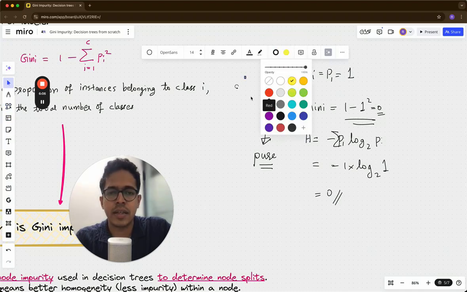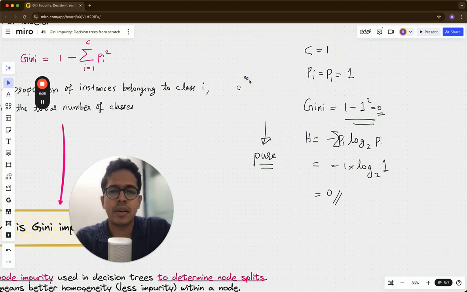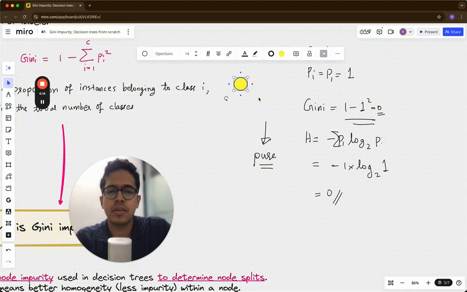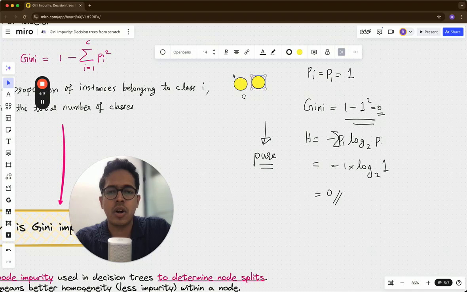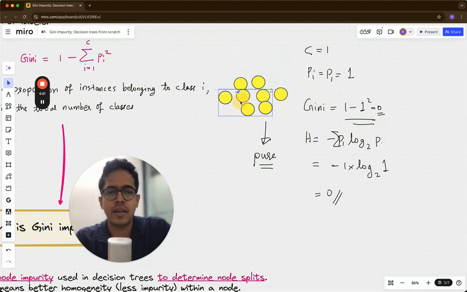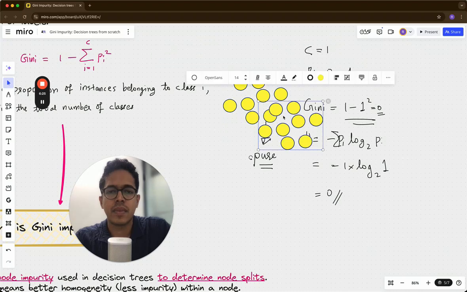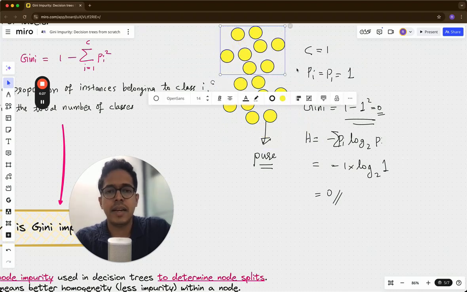So let's say this is yellow, and imagine that you have a lot of data points. I'm going to copy paste so that I can multiply the number very fast. Okay, so imagine you have this many data points.